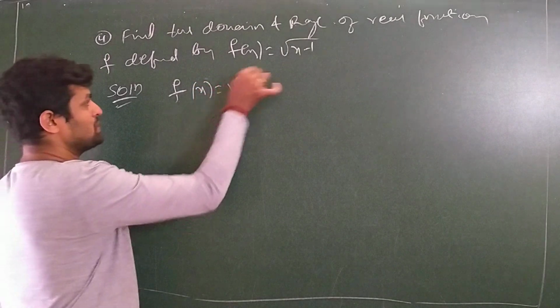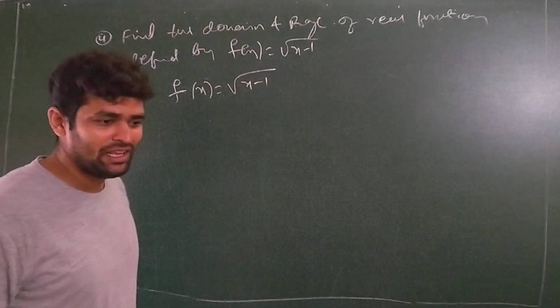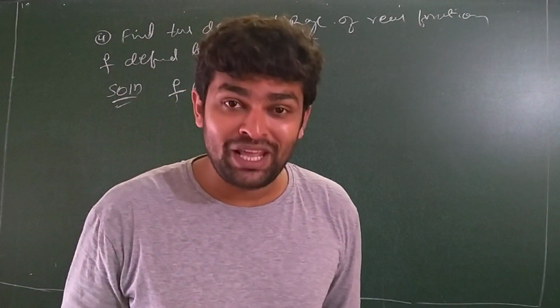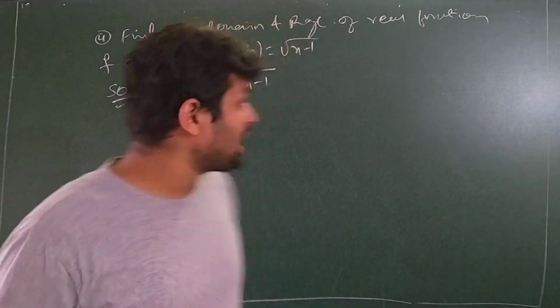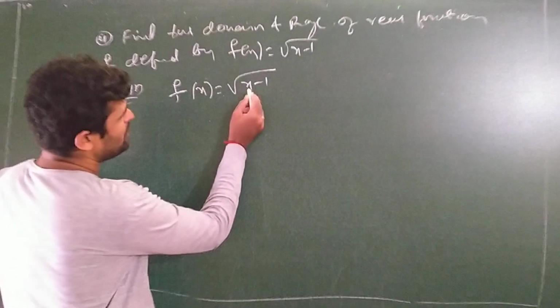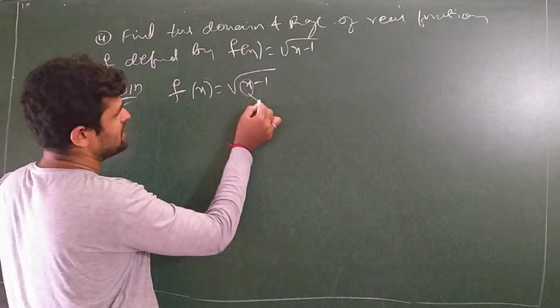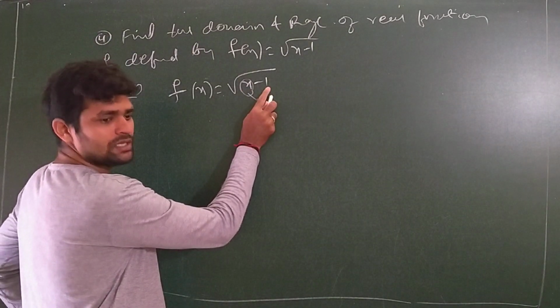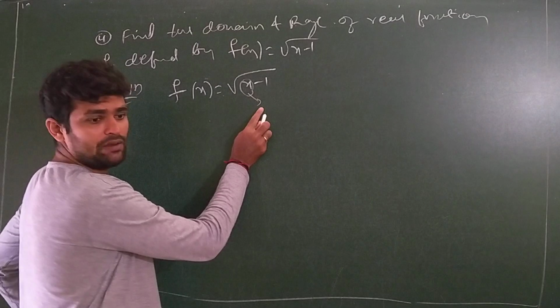f of x is equal to square root of x minus 1. What is domain? I should replace the value of x so that my f of x is real. If I replace x is equal to 1, you will get 1 minus 1 which is 0, so f of x is real.